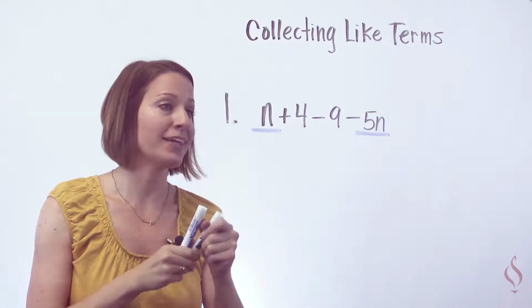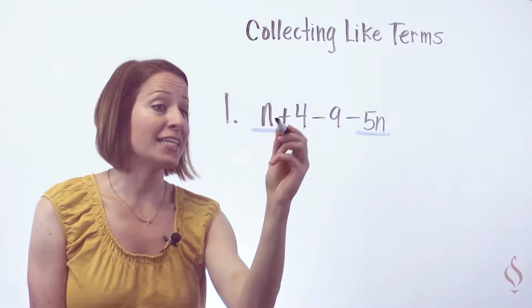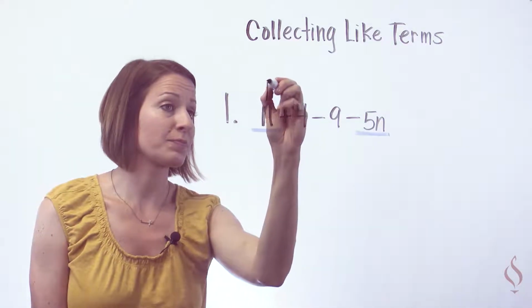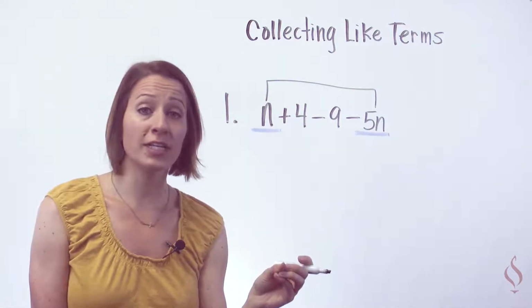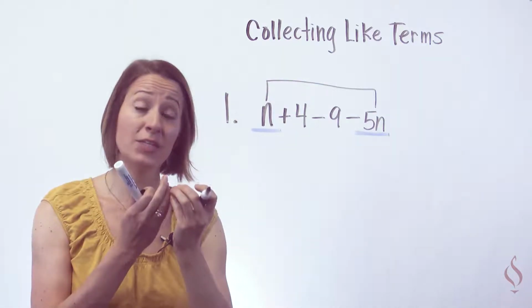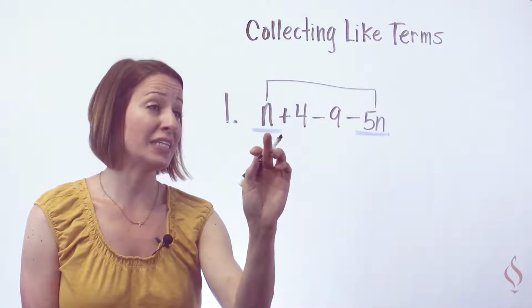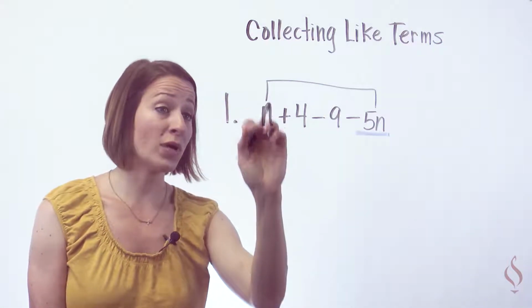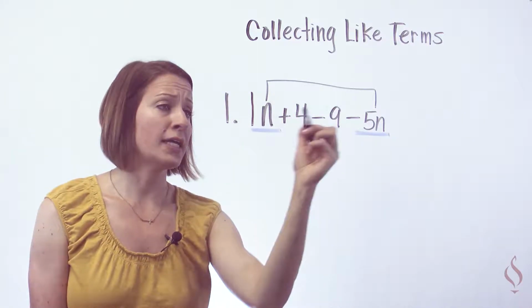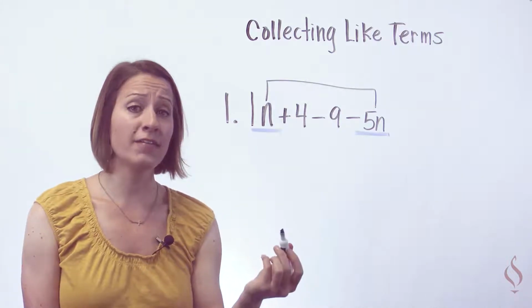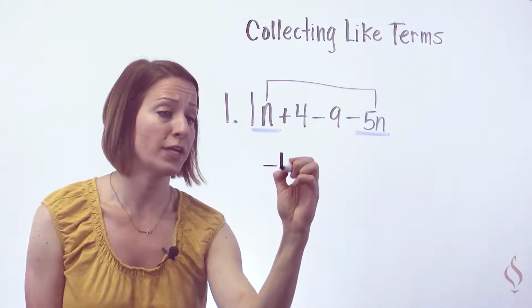It's kind of silly, but we would just take these two and ignore the 4 and the -9, and we would just combine those together through addition. So n plus, or 1n I should say, let me go ahead and draw the one there. 1n take away 5n is -4n.